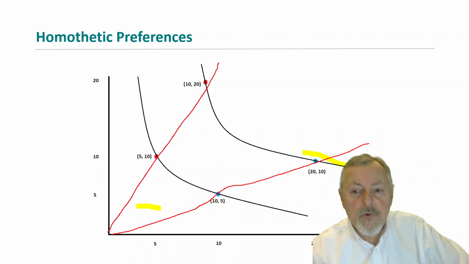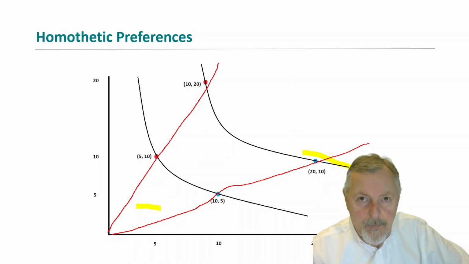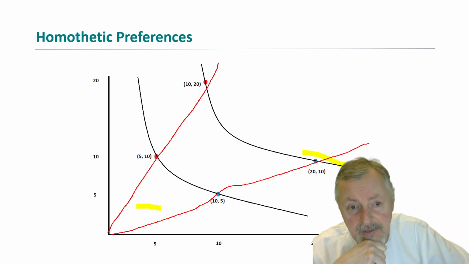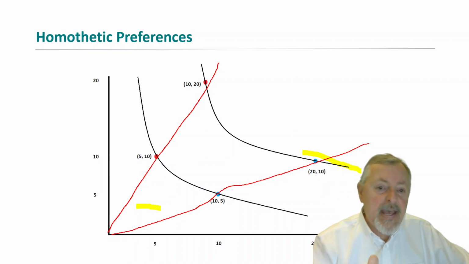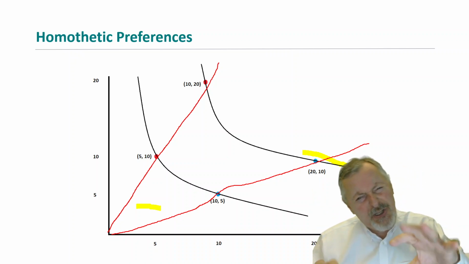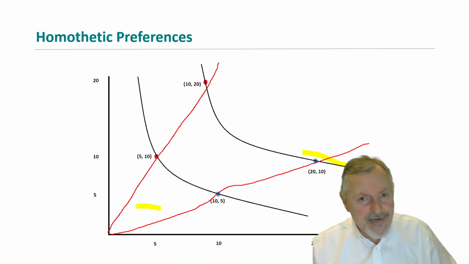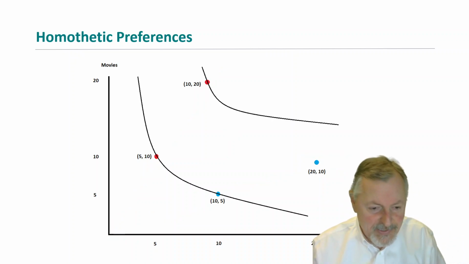The upper right point, the blue one at 20,10, the slope of that indifference curve at that point should be the same as the slope of the indifference curve at the other blue point, the one at 10,5. And you should see the same thing for the two red points. I know it doesn't quite look that way, but in a properly drawn diagram, it would be the case.